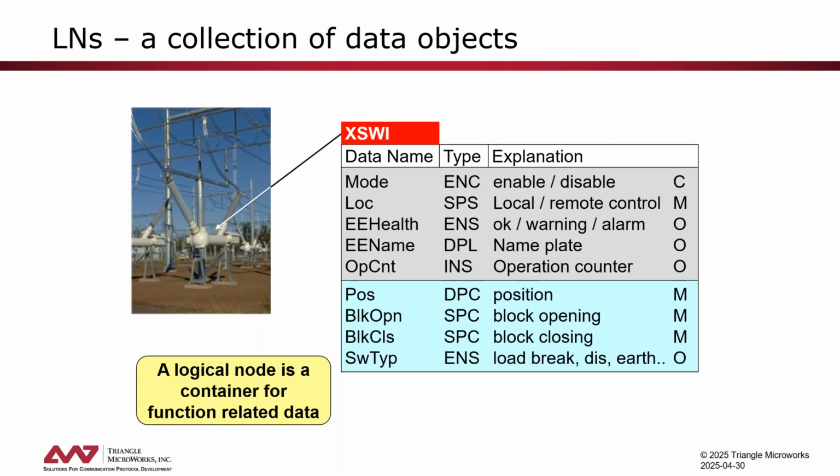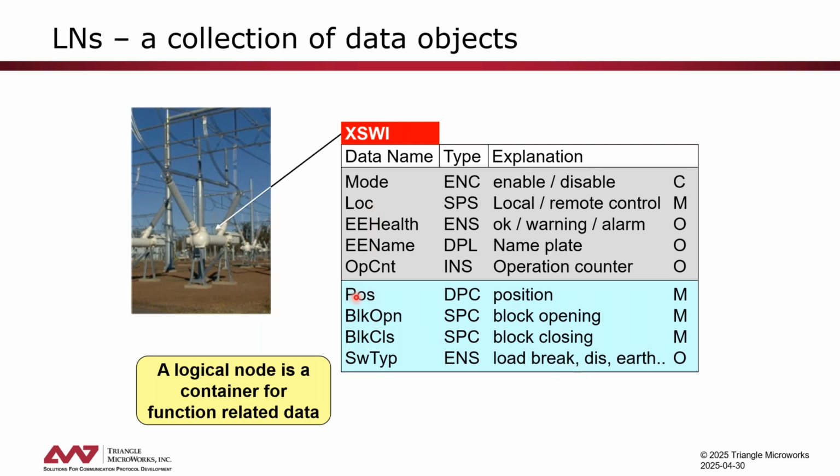Okay, so this slide shows an example of a logical node. As we have mentioned, the logical node is basically a container for functionally related data. The logical node has a collection of data objects, like we see here in the blue part, which is really the data objects specific to this logical node. In this case, it's the interface to a switch, like a disconnecting switch or an earthing switch.